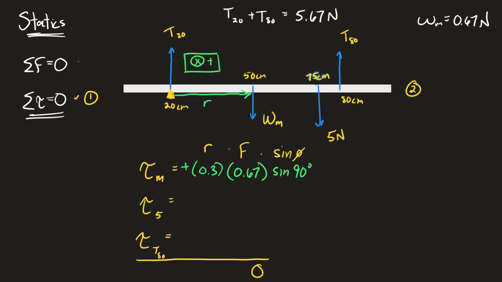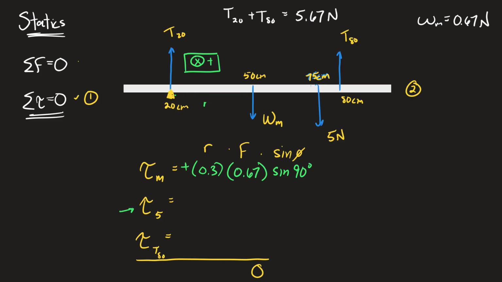Had a few folks having some difficulty with where I was coming up with things like 0.3 and stuff like that. Let's move on to this one, and I'll walk through it again. All right, this is the torque that comes from the hanging weight. So this is the 5 Newton weight, the 500 gram mass. So the torque arm for that is an arrow that's drawn from the pivot point.